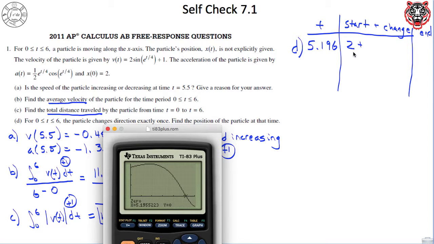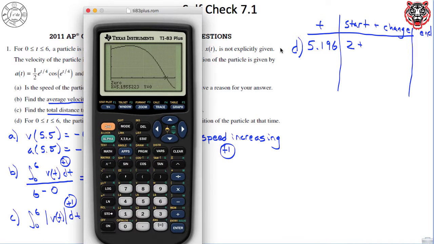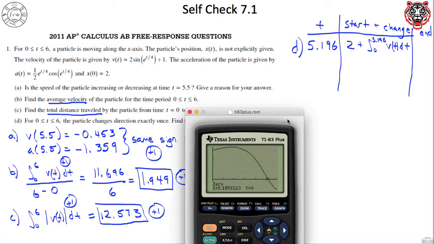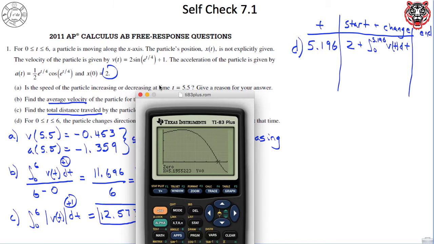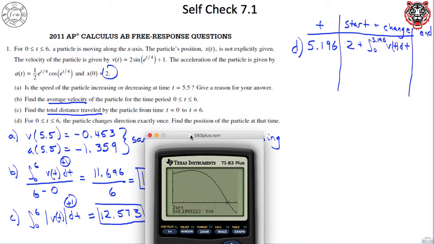I need to add the change between 0 and 5.196, so that's really the integral from 0 to 5.196 of velocity. How is your start 2? It says right at the top. Oh, yeah, right there. Start is 2 in the x0 part of the problem.